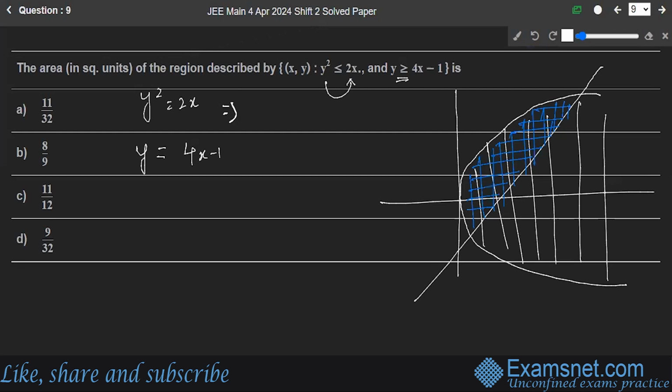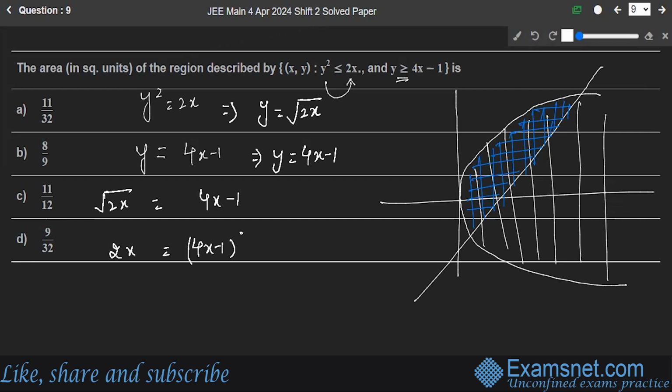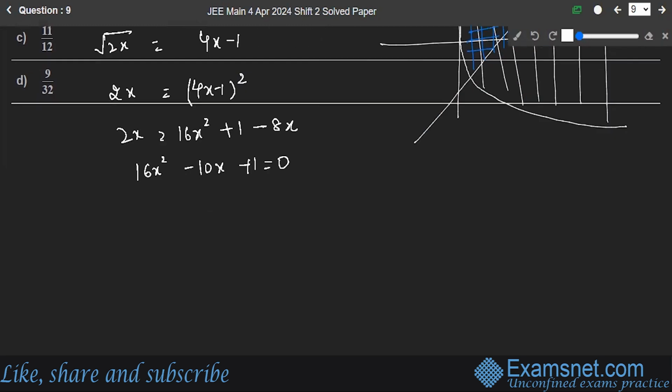Here you have y² equal to 2x, or you can have y equal to root of 2x, correct? And here y is equal to 4x minus 1. To find the point of intersection, you have root of 2x equal to 4x minus 1. Squaring both sides, you have 2x equal to (4x - 1)², that is 16x² + 1 - 8x equal to 2x, so 16x² - 10x + 1 equal to 0.